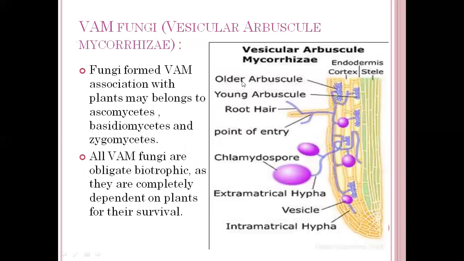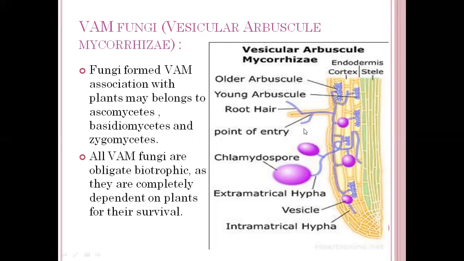So vesicular arbuscular mycorrhizae, or VAM, is formed with the plants that belong to the Ascomycetes, Basidiomycetes, and Zygomycetes fungi. And all the VAM fungi are obligate biotrophic. That is, they will not be able to survive without the plant association, and they are completely dependent on the plants for their survival.